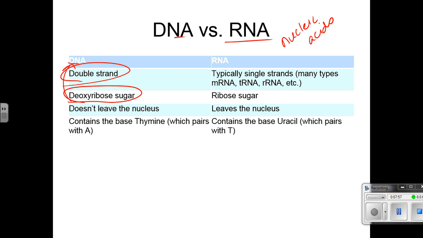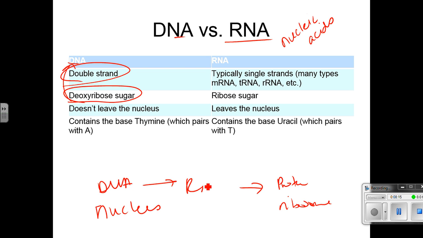DNA can't leave the nucleus. Well, proteins are built on ribosomes, and so there's a disconnect between the nucleus where DNA is and the ribosome where the protein is made. And so there is an intermediary called RNA, and that is something that can leave the nucleus, travel to the ribosome, and initiate that protein synthesis.